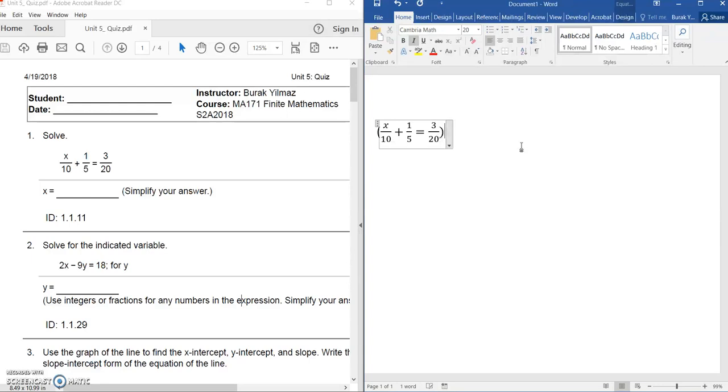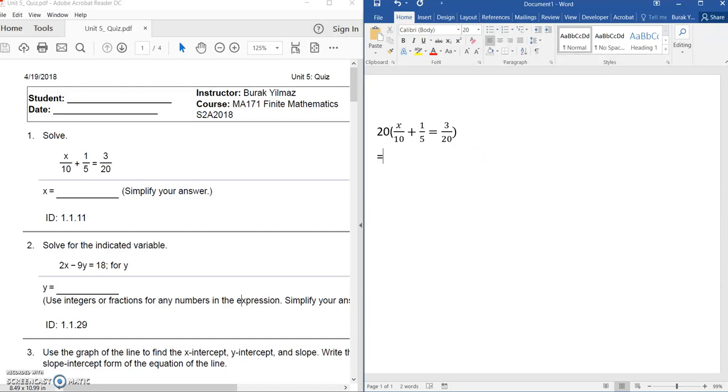So why not multiply by 20 then? Because 20 is a multiple of 10 and 5 and 20, multiplying everything by 20 will eliminate all of the denominators.